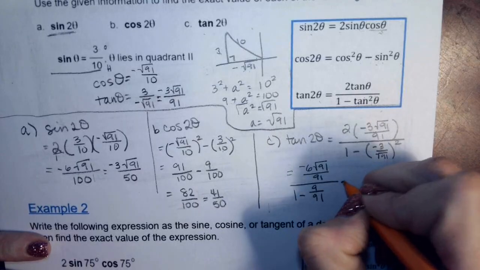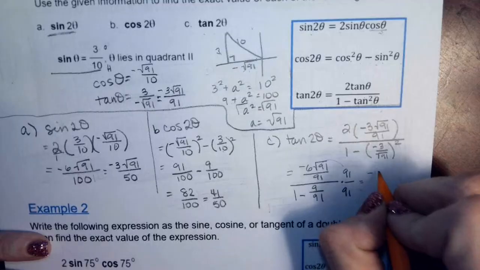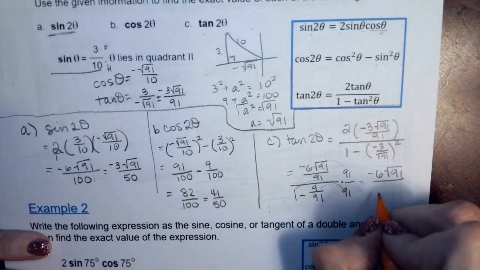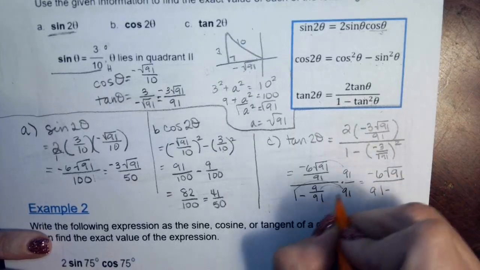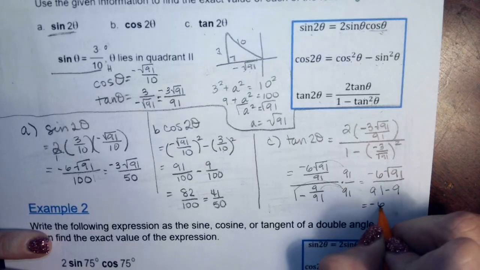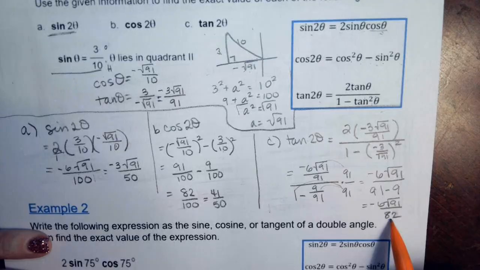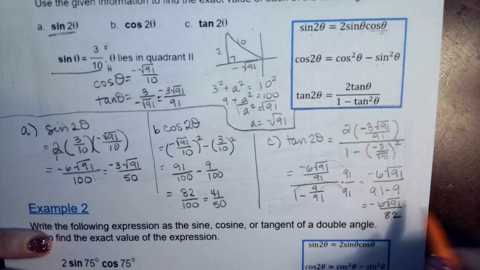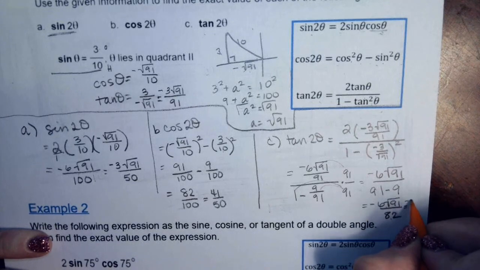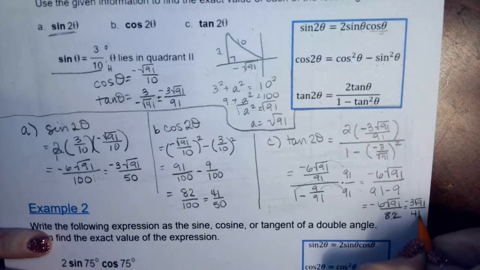So distributing, this would give me negative 6 square root of 91, and then the 91 has to go to both terms. So I have 91 minus 9, since the 91s cancel out, which gives me negative 6 root 91 over 82. Well, 6 and 82 have a like factor of 2, so that gives me negative 3 root 91 all over 41.